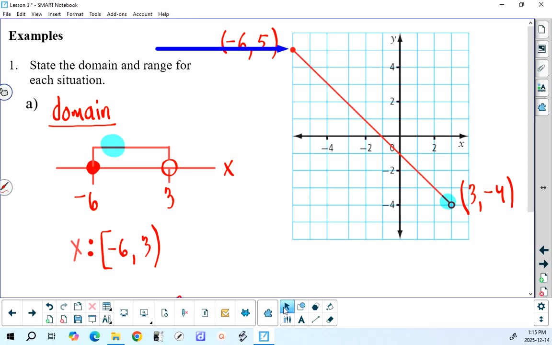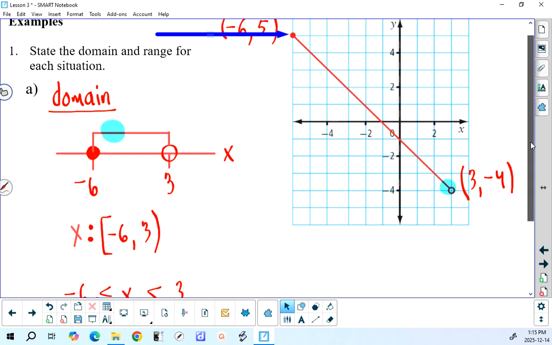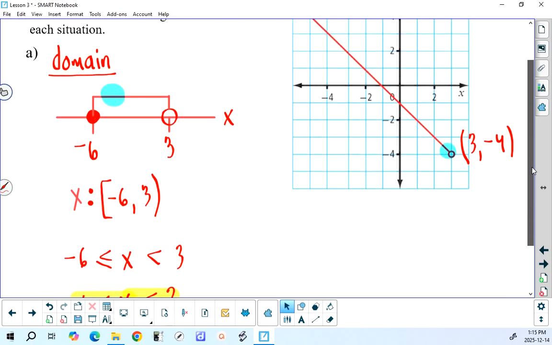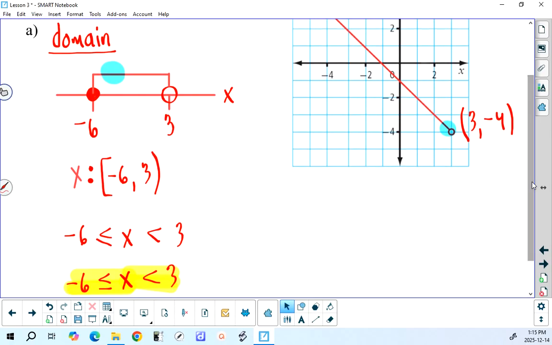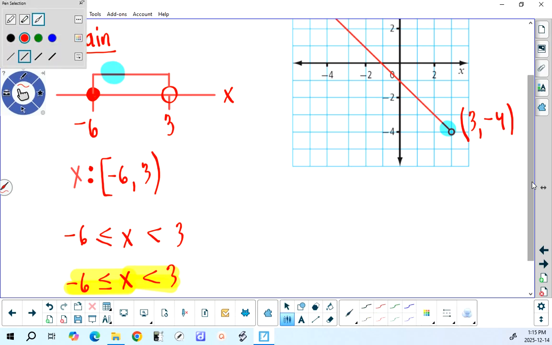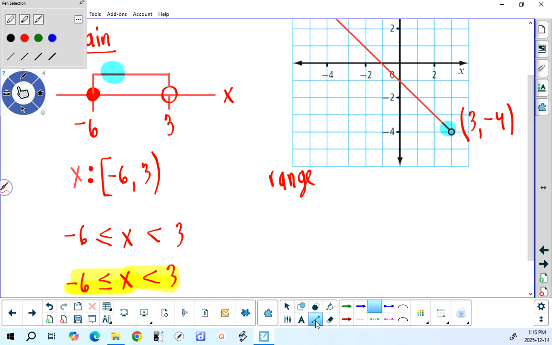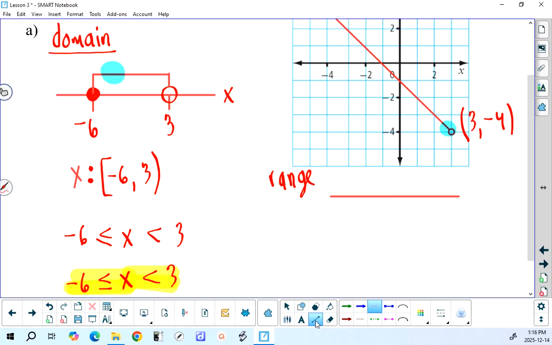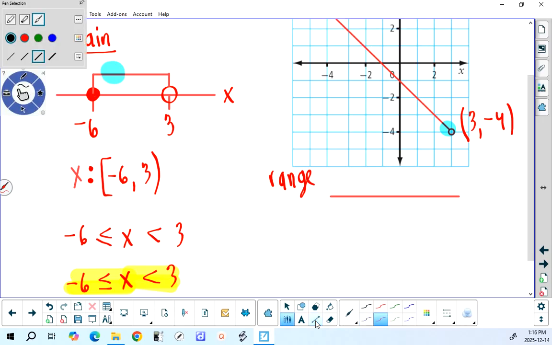Can y be equal to 5? Yes. Can y be equal to -4? No. So what do we write for the range? For the range, if we want to use a number line, we're going to draw a number line, and I know it's about y, but we still draw our number lines horizontally. So I put a y here.